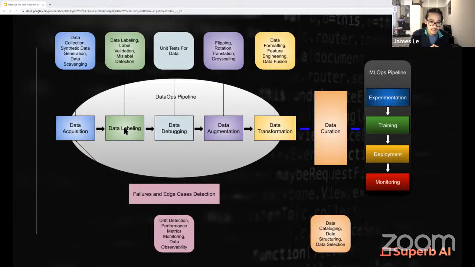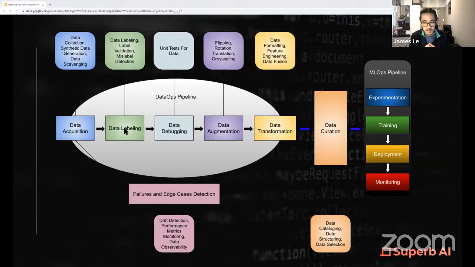The second building block is data labeling. In the context of data labeling, you have to answer questions like, who should label the data? How should the data be labeled? And what data should be labeled? Getting this data labeling step right is extremely complicated because it is very slow, expensive, error prone, and often impractical.